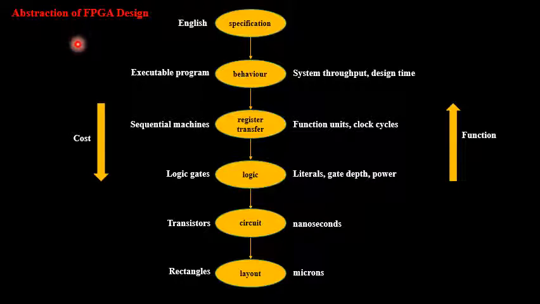There are different approaches which you can follow in order to design an FPGA. The design of an FPGA demands working down from the top of the abstraction, that is the specification, to the least abstract description, that is your layout.